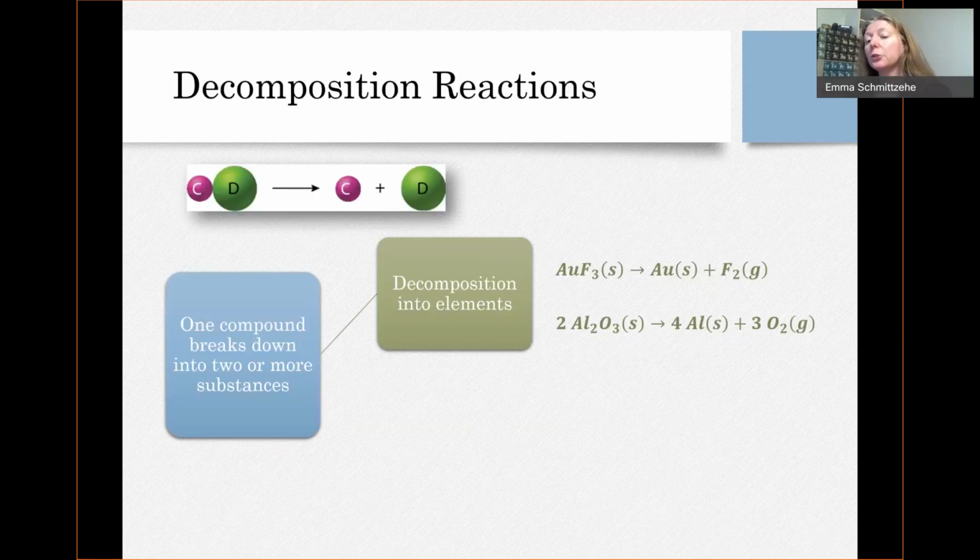But if you're just given the compound and you need to predict the products of this decomposition reaction, other than splitting it up into elements, you also need to be able to determine: is that element a monatomic element, or a diatomic, or something else?